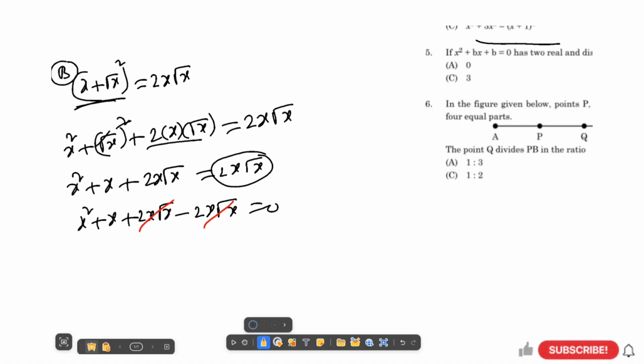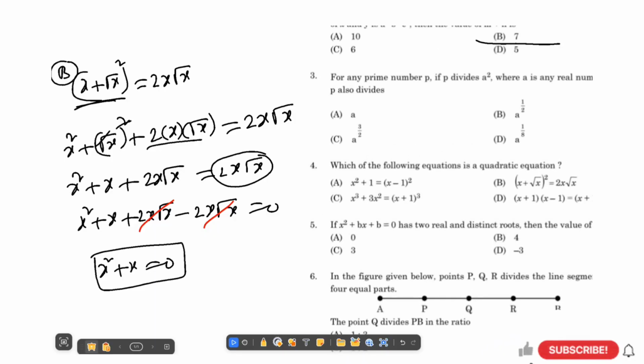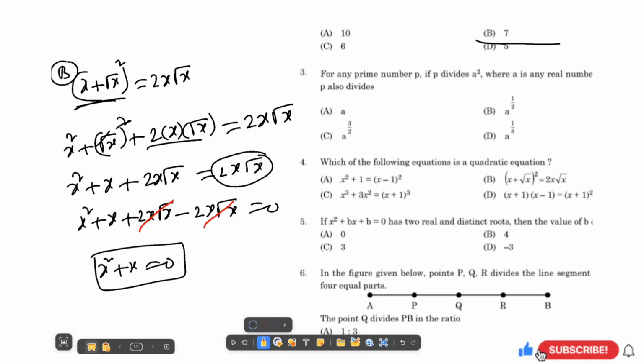We have x square plus x equals 0. So it is a quadratic equation. So when it is a quadratic equation, no need of checking options C and D. So which option is right here? Option B is right. So option B is right for the fourth question.